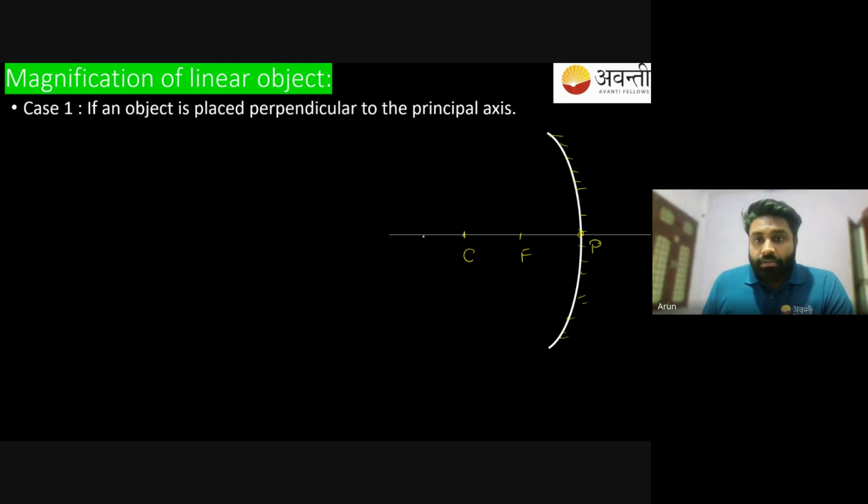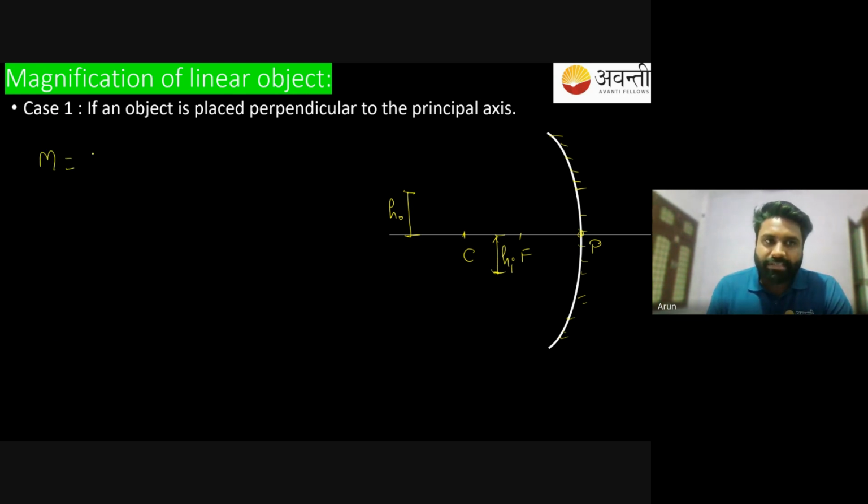So like we have placed an object over here. This is the height of object, and an image is formed here. This is the height of image. Okay, so the object is placed perpendicular to the principal axis. What is M?